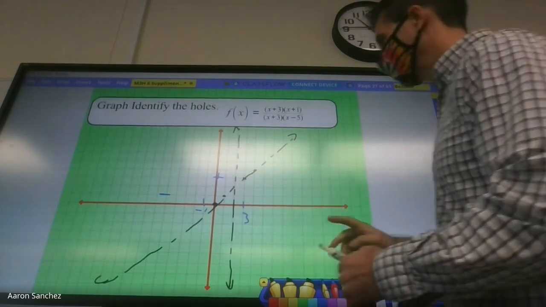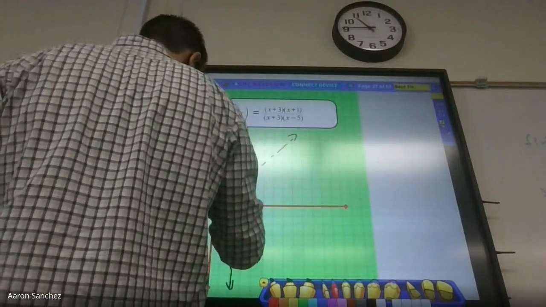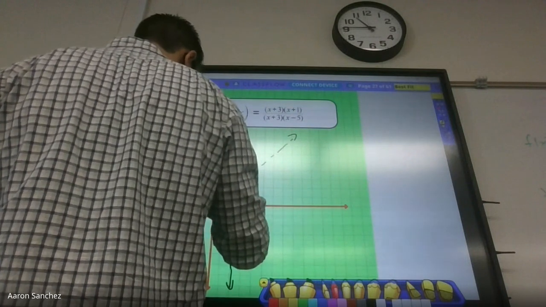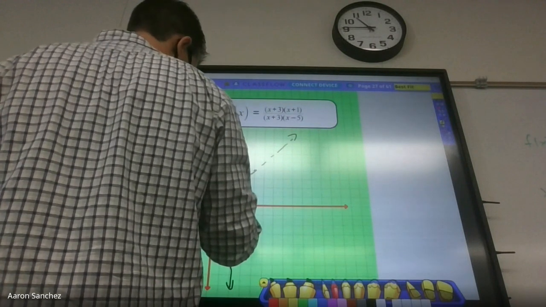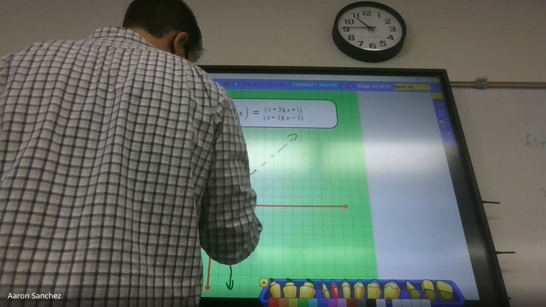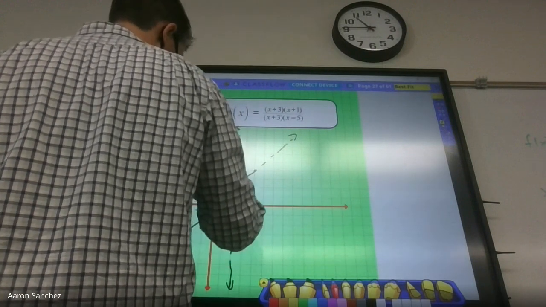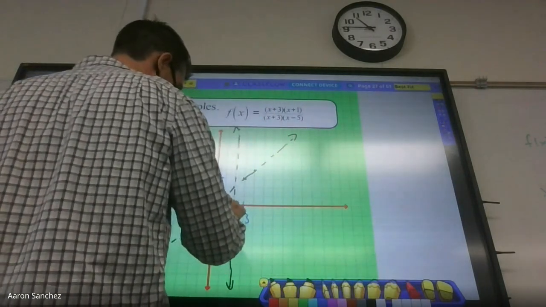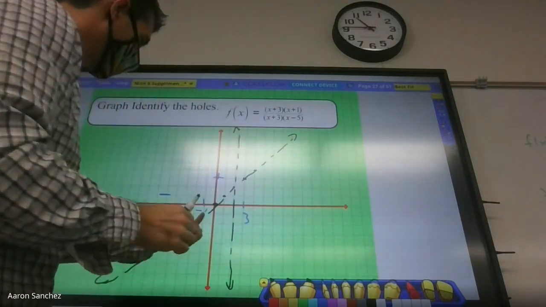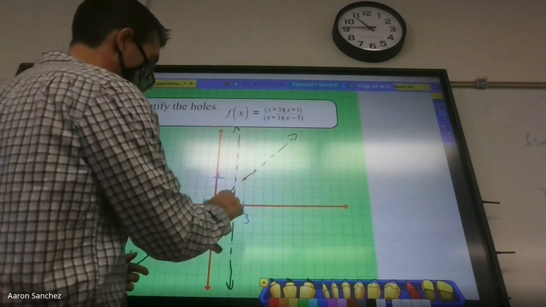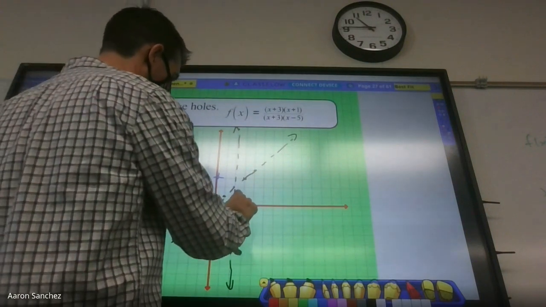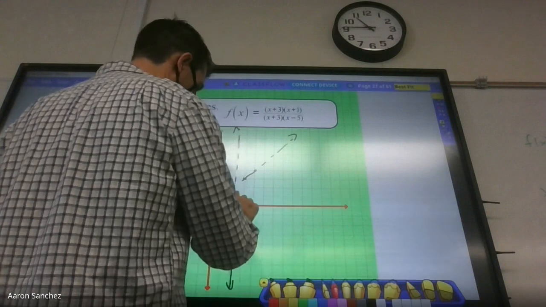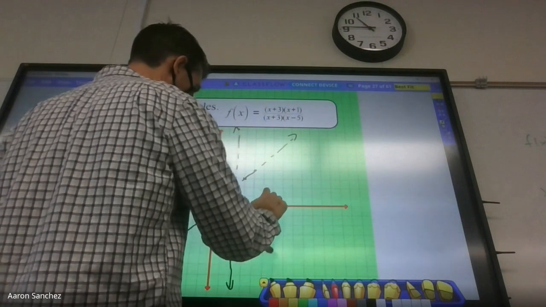So then this will be negative between here. Wait, no. Here it's negative, right? Sorry, I should have done this on a number line. I'm getting confused. So between here and here, it's going to be negative. And then here, everything will be positive.